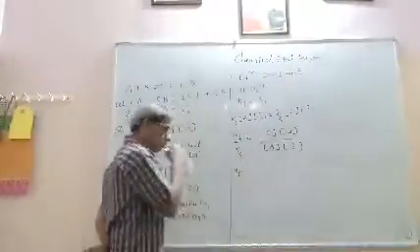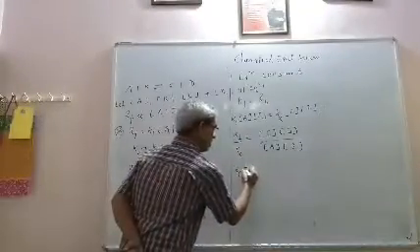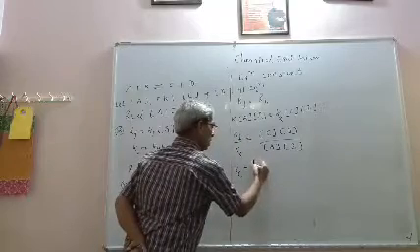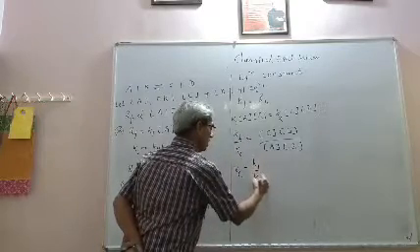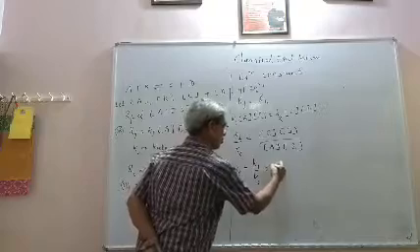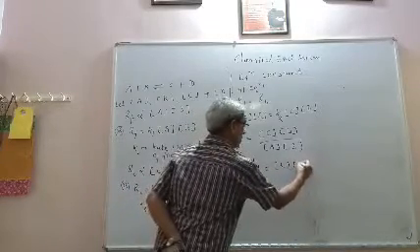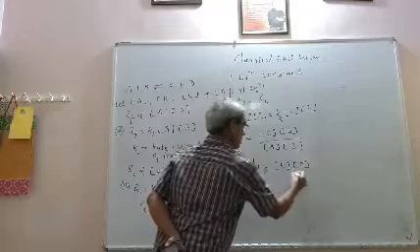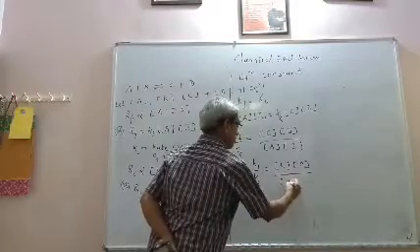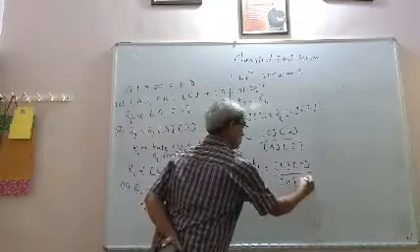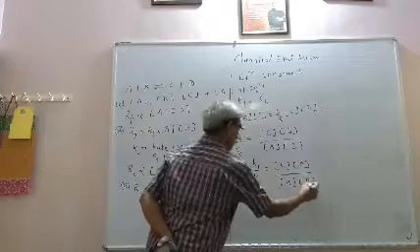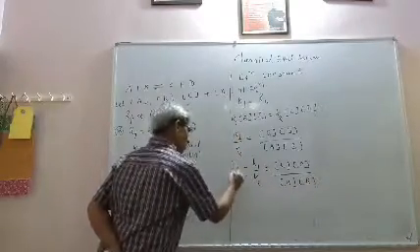Therefore, Kc equals K1 upon K2 equals active mass of C into active mass of D upon active mass of A into active mass of B. This is our main equation.